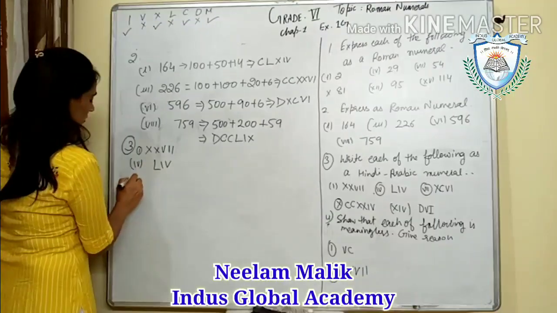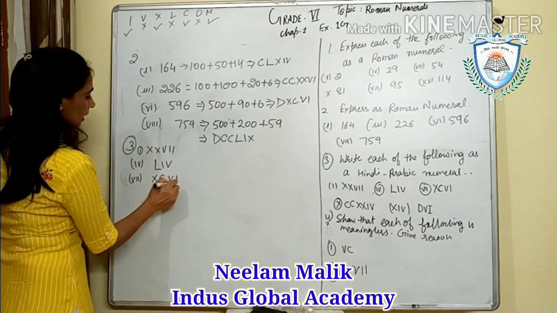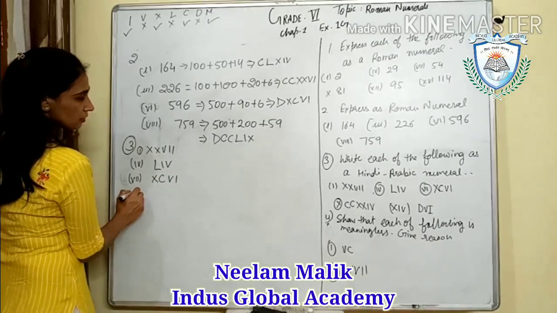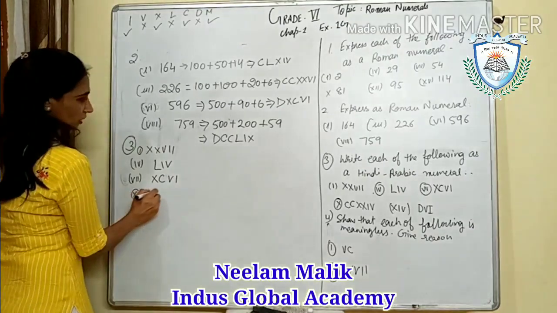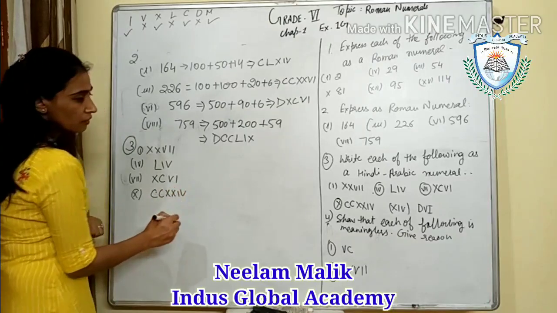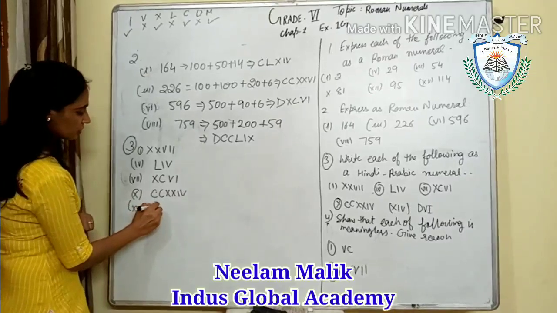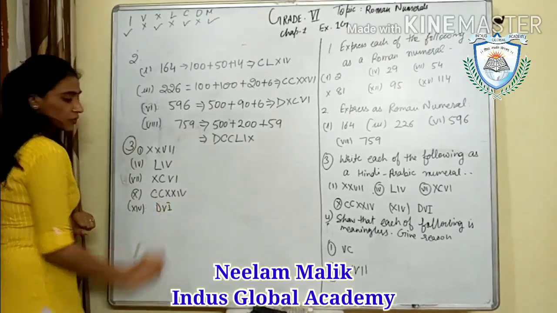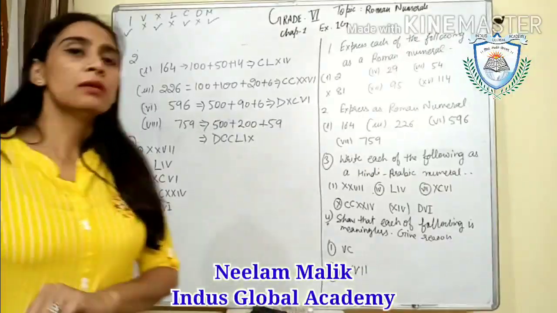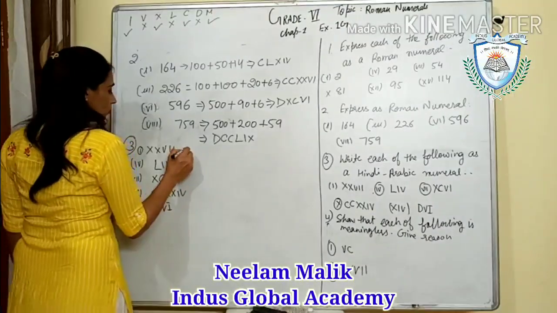Then the seventh part, XCVI. Next is the 10th part, that is CCXXIV. Next is the 14th part, that is DVI. We have to write the Hindu Arabic numeral for these. Okay, so start from this.